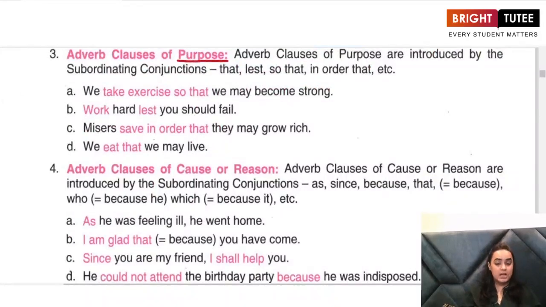Now, purpose. Why did something take place, or why will something happen? Now, these are introduced with subordinating conjunctions such as that, lest. Lest means otherwise, so that, in order that, etc.